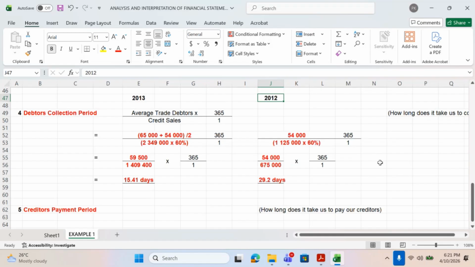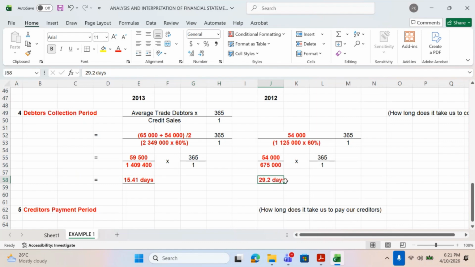Is there an improvement here or a decline? Improvement. Why are we saying it's an improvement? Because we're collecting the money quicker than before. Exactly, we're now collecting the money in 15 days instead of 29 in the previous year.